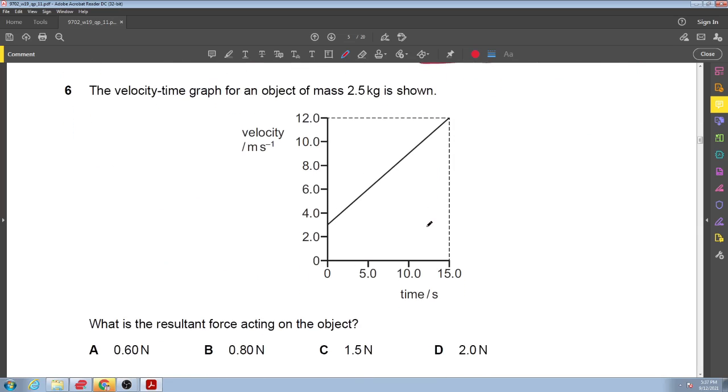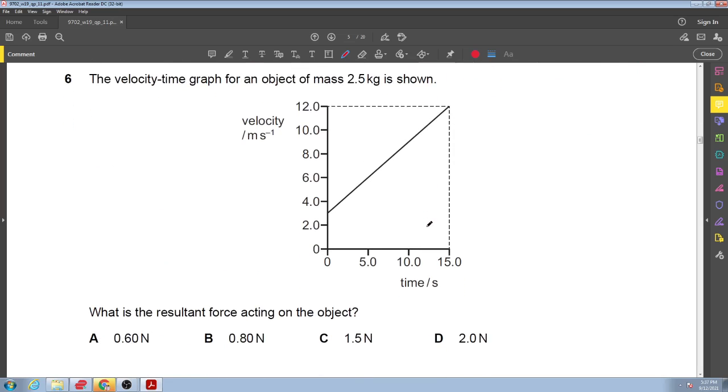Now the next question is about the velocity time graph, and they asked what is the resultant force. First we are going to find the acceleration, because the gradient of the graph is our acceleration. That is V minus U over T, and the V value is 12 here, the U value is around 3, divide by the time, which is 15. So this is 9 over 15.